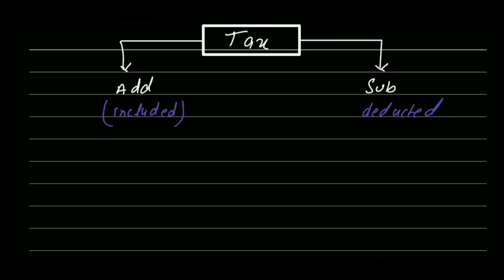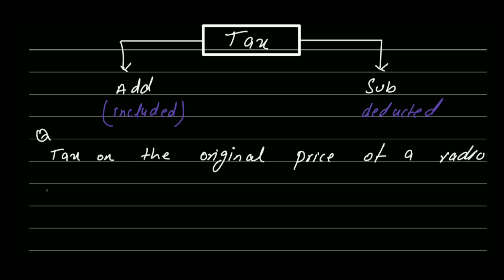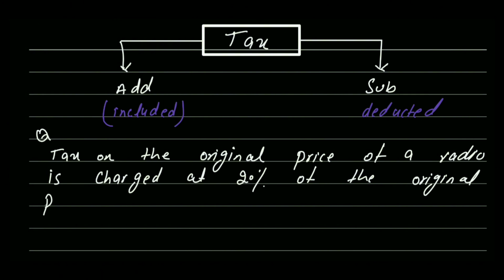So let's do a question. Tax on the original price of a radio is charged at 20% of the original price.